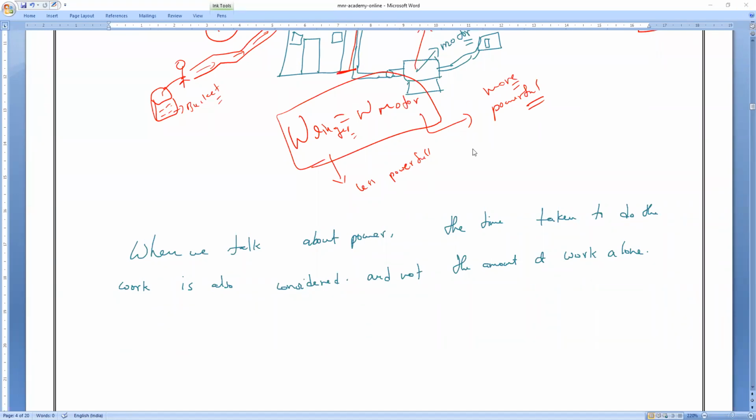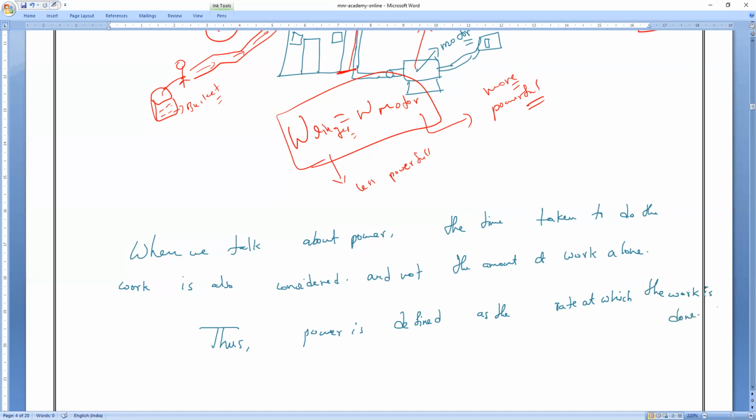Okay, everybody, understand? Any doubt, please let me know. So that is why we say power. From that I can say, power is defined as the rate at which the work is done.